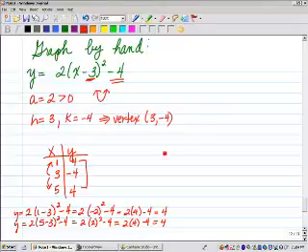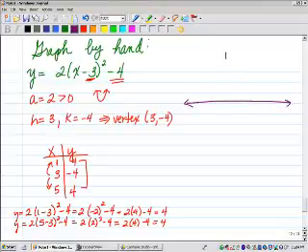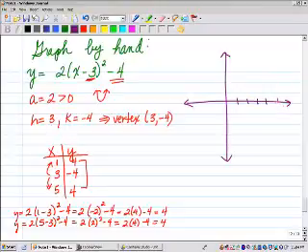So if I wanted to graph this by hand, preferably you would have graph paper, and I should have inserted a graph here, but I think you'll get the point. So let's see, my vertex is (3, negative 4).